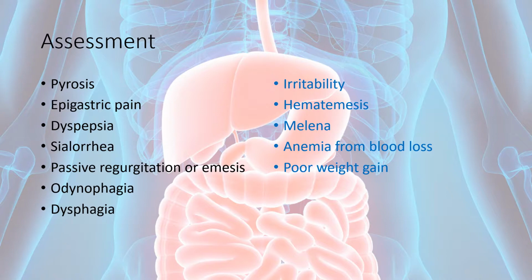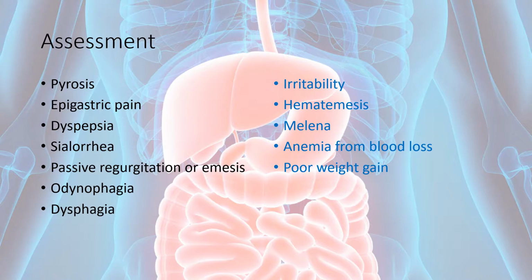Next, we have odynophagia, which is pain with swallowing, and dysphagia, difficulty with swallowing. So again, your top 3 assessments when we talk about GERD with an adult is pyrosis, your heartburn, epigastric pain, and dyspepsia, which is indigestion.